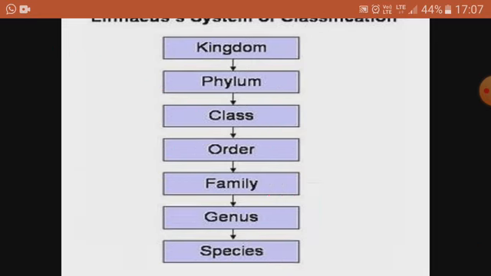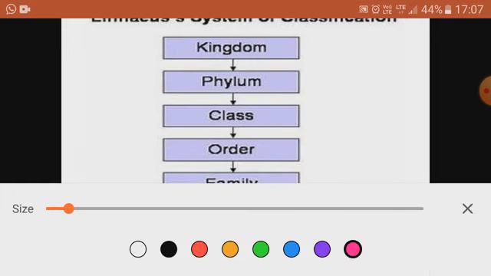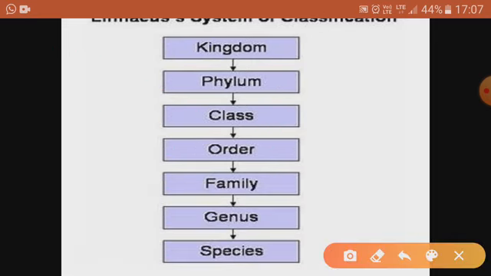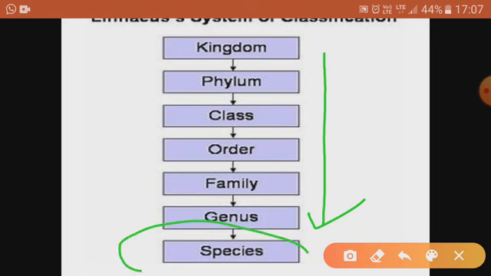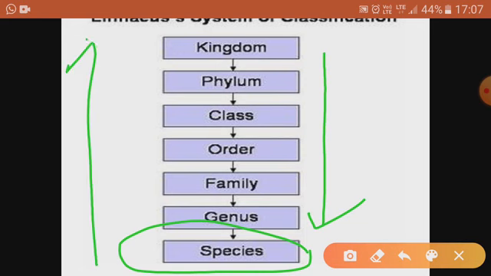As you go down in this hierarchy of classification, which was given by Carolus Linnaeus, the similarity between organisms will be more. Because what is a species? A group of organisms which are closely interrelated. So as we go down, the similarity of the organisms will increase, and as we go up, the similarity will decrease.